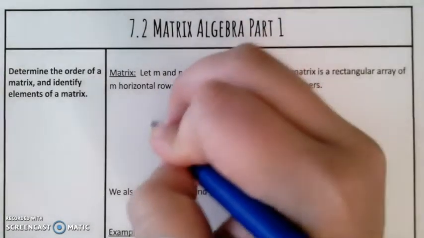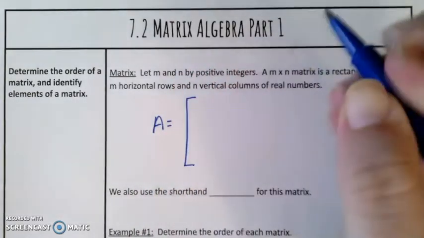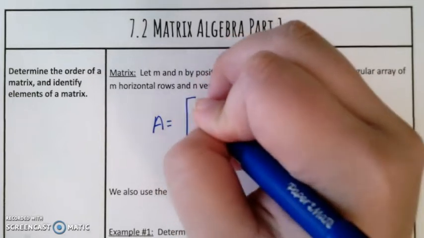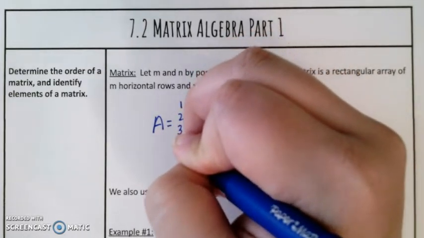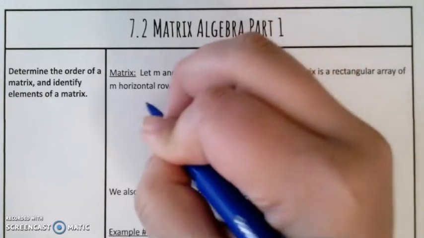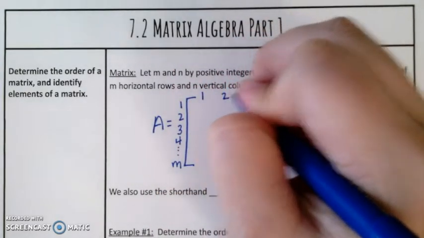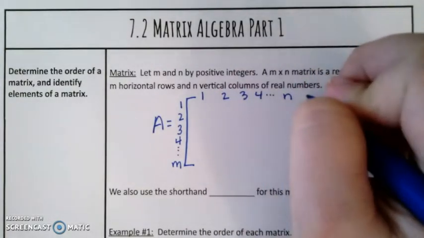We could say that matrix A equals, now we always do row and then column. So this is the first row, and we'll go up to m rows, and then columns, we have 1, 2, 3, 4, all the way up to n columns.